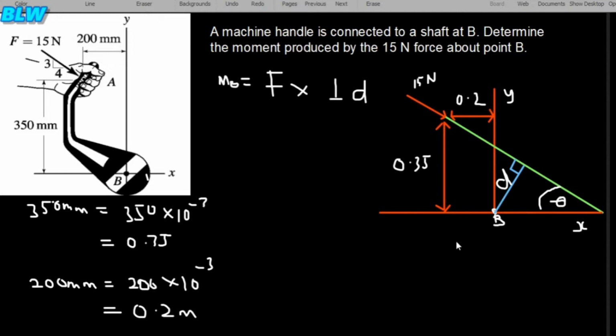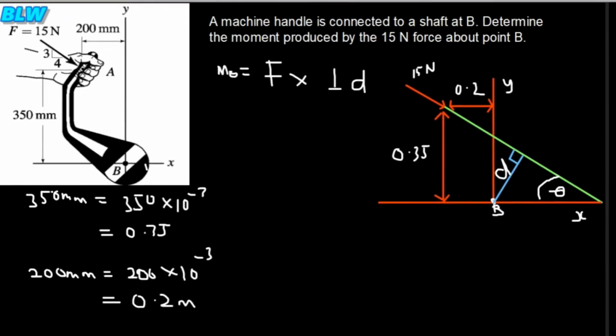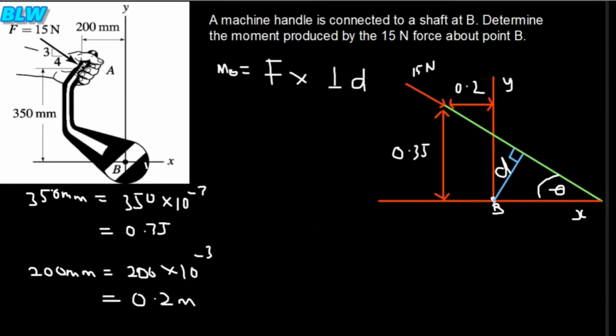Now we want this D. For us to be able to calculate this D, let's do some analysis here. You know that from this side to this side is 0.35. So what about this side? How are you going to get that length?